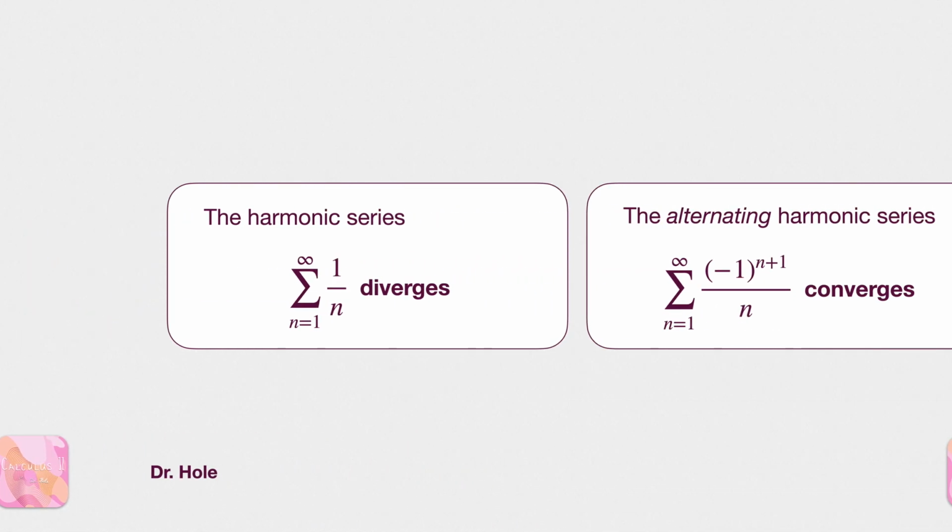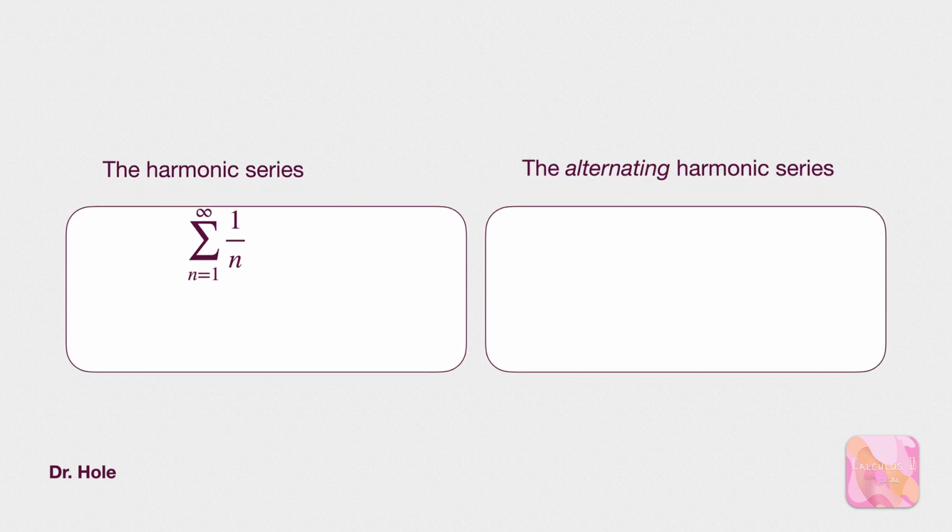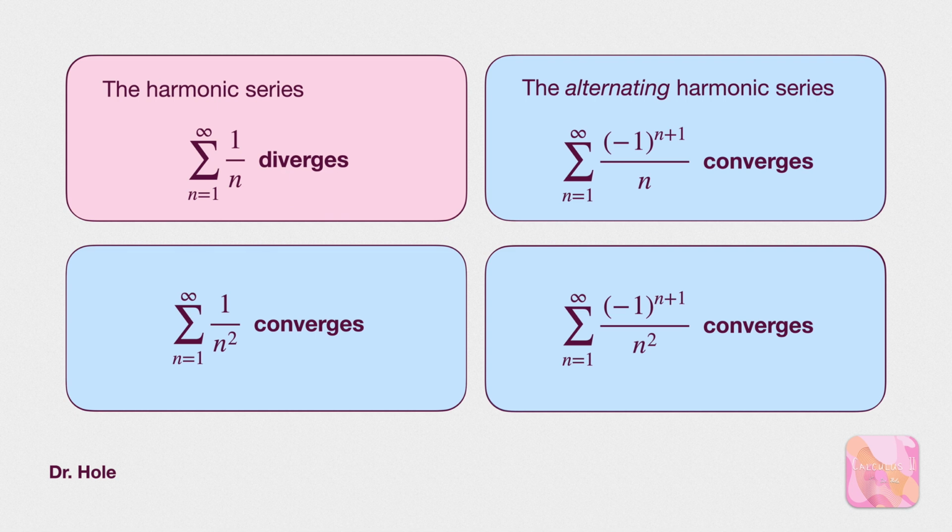A model for that is the harmonic series. Remember, the harmonic series is a p series with p equaling 1 that itself diverges. But if we have the alternating harmonic series, that alternating helps the series to converge. If we compare that with a p series where p is bigger than 1, then that series is already convergent, and by alternating terms, that's only going to help it converge.